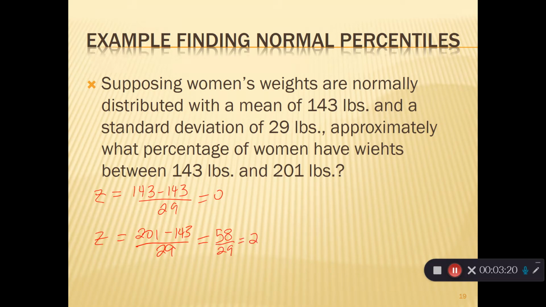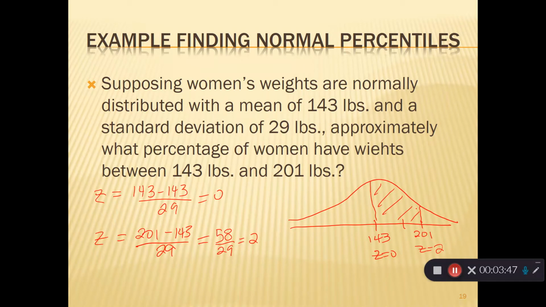So if I look at my model here, this is a normal model centered at 143, which is my z-score of 0. And we're going up 2 standard deviations to 201, which is my z-score of 2. And I want to know the data values that go in between that.